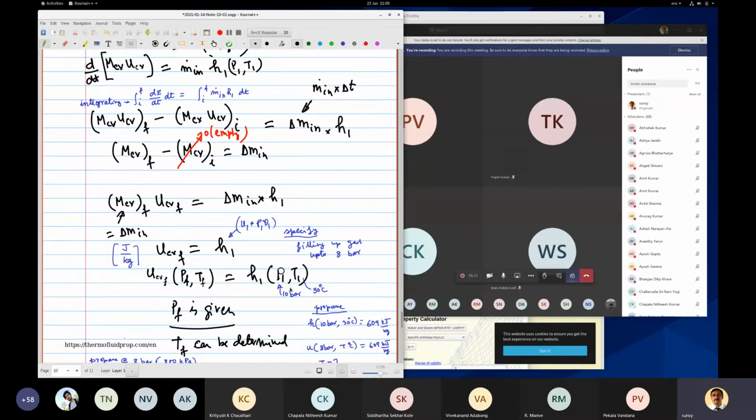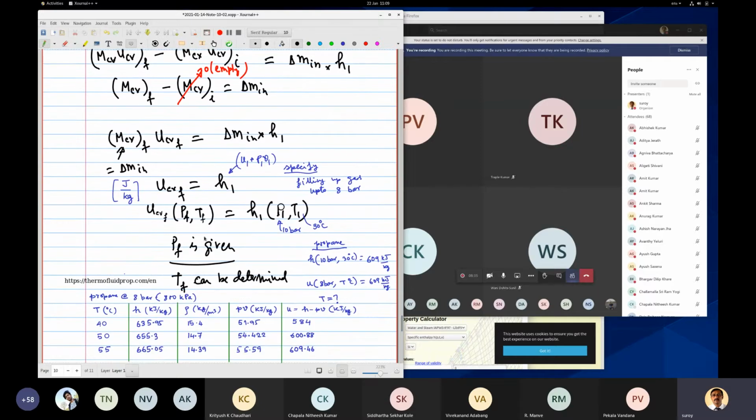Say it's 10 bar. And let P_F be something like 8 bar. Let this be inside 8 bar. So here it is 10 bar, and inside you're going to fill it up to 8 bar, say, and we have to find out what is the T_F.